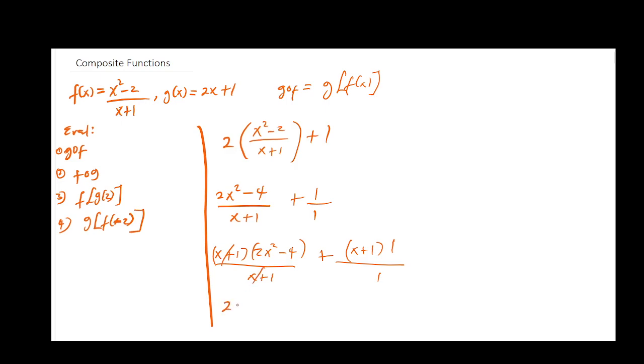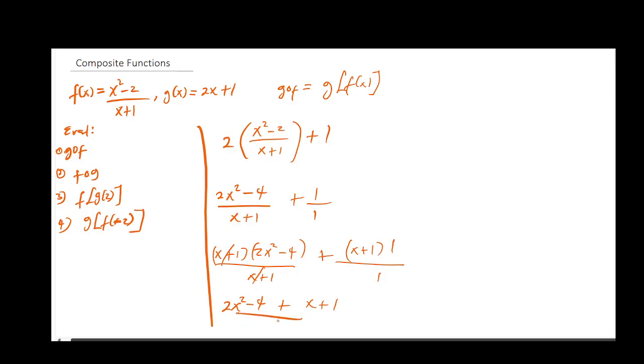We are finally going to have 2x squared minus 4 plus x plus 1 multiplied by 1, the same x plus 1, all over x plus 1, which is the common denominator.